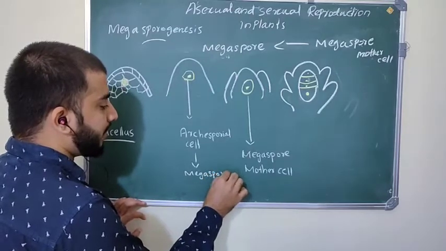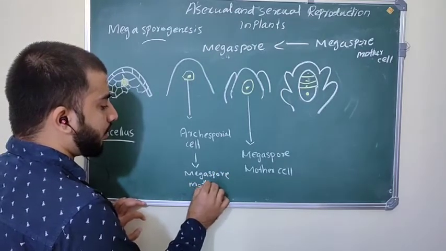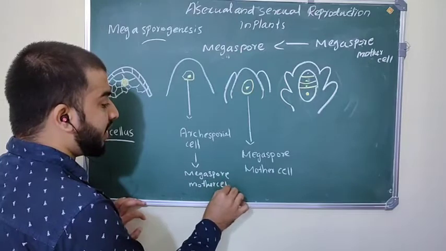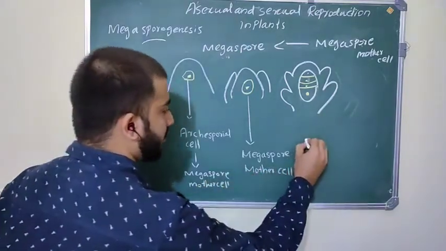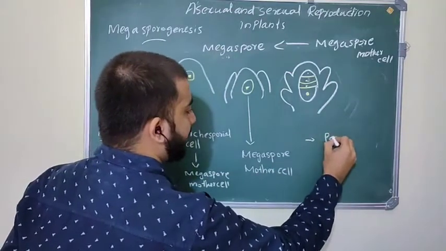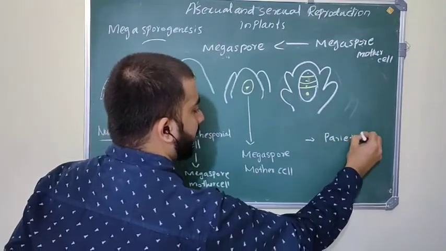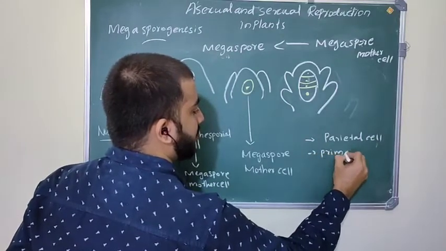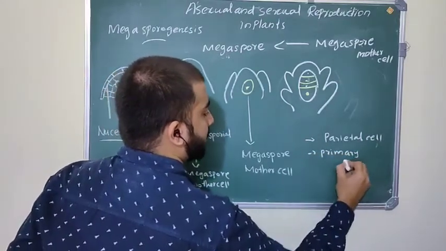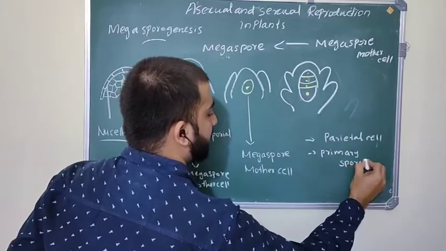In other conditions, the archisporial cell undergoes division and forms a parietal cell and a primary sporogenous cell.